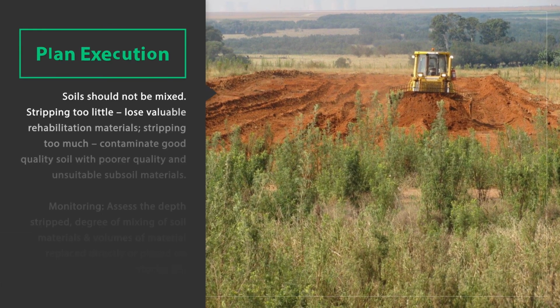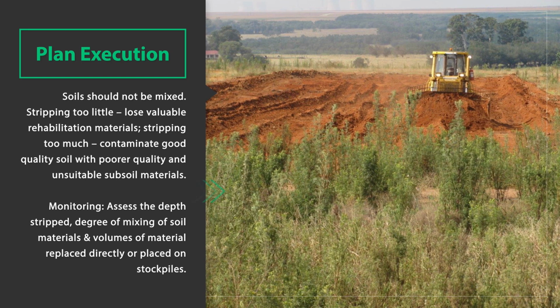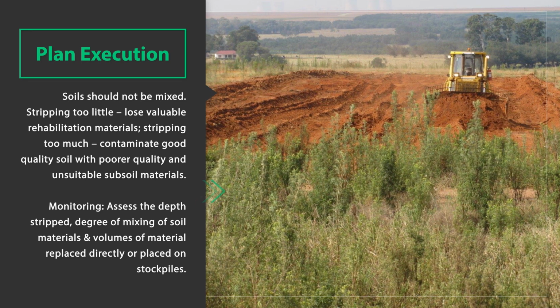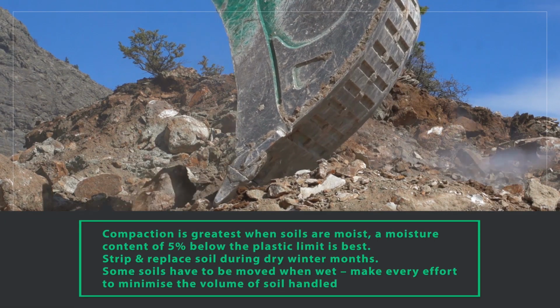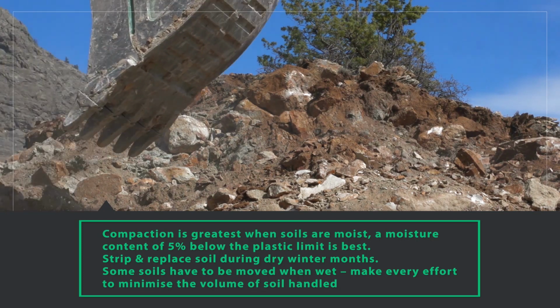Supervise stripping to ensure that different soils, for example well-drained soils versus clayey wetland soils, are not mixed. Strip soils only when moisture content will minimize compaction risk. Soils must be below their plasticity limit when handled.